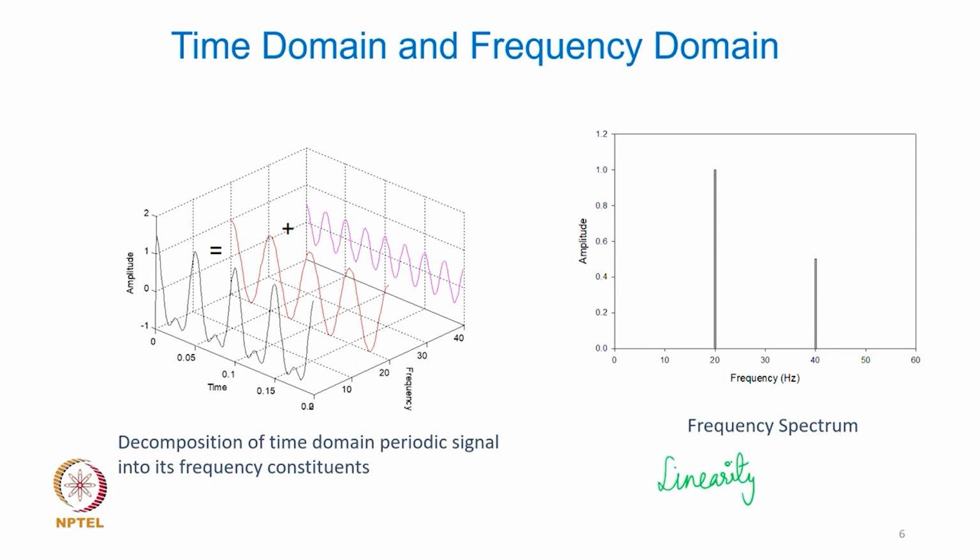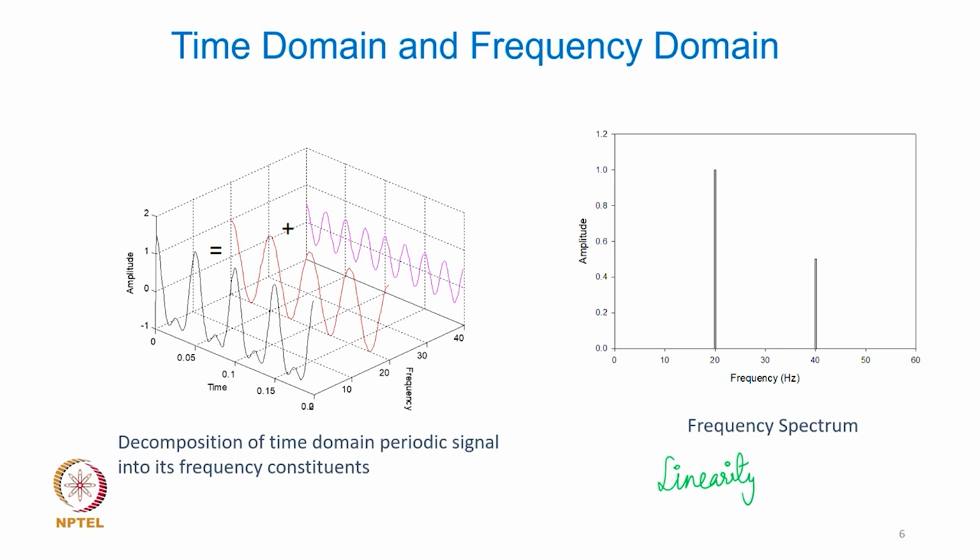The system is assumed linear. The moment I assume the system to be linear, I can invoke the principle of superposition. In this case, I will say that the response is made up of two responses individually obtained by assuming an individual forcing function, two different forcing functions, but I can add them up because the system is linear.